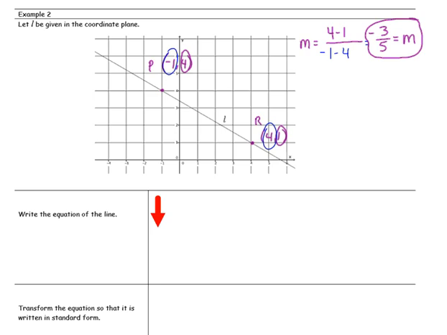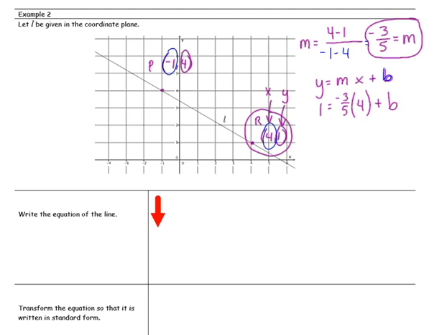We'll pick one of the points to use. I'm going to use the second coordinate R, and we'll substitute 4 for x and 1 for y. We'll substitute these values in the equation y equals mx plus b, and then we'll solve for the value of b. So we have 1 equals, the value of m is -3/5, the value of x is 4, plus b.